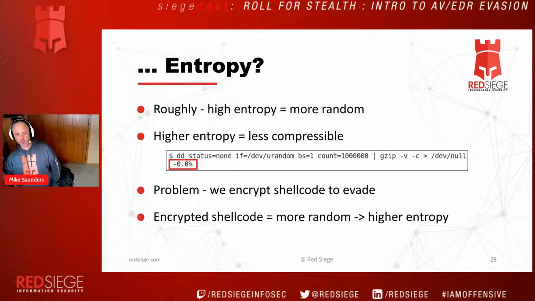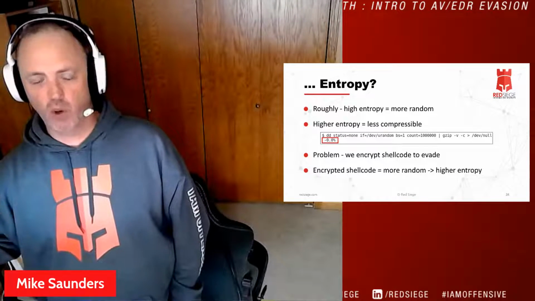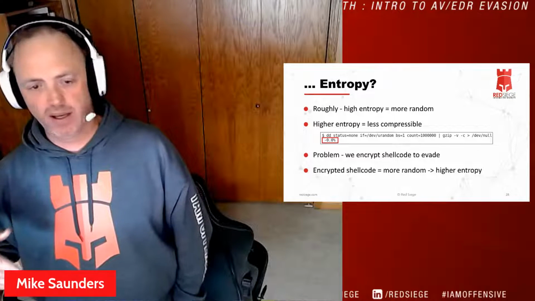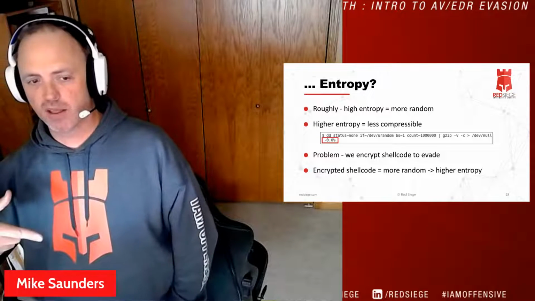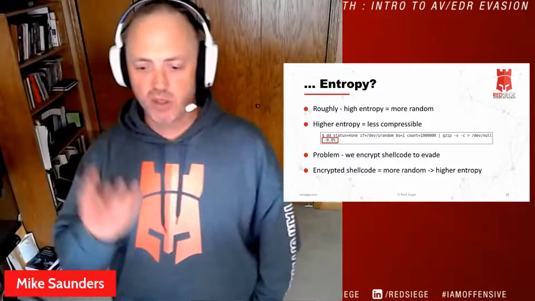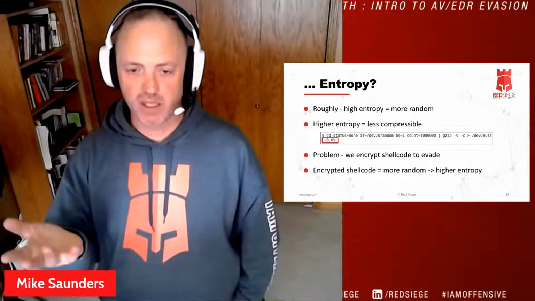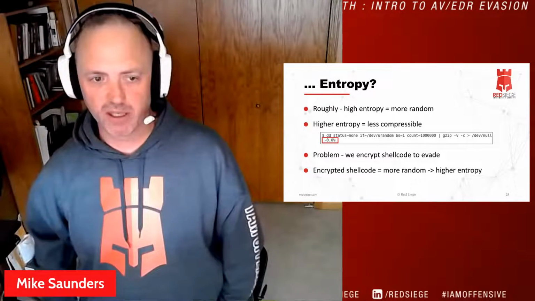Very frequently, we use encryption to obfuscate our shellcode. Whether it's ARC4 or AES-256 or a XOR routine or something, we use encryption that protects our shellcode. But using encryption actually drives up the entropy in our resulting file that we're including that shellcode in.